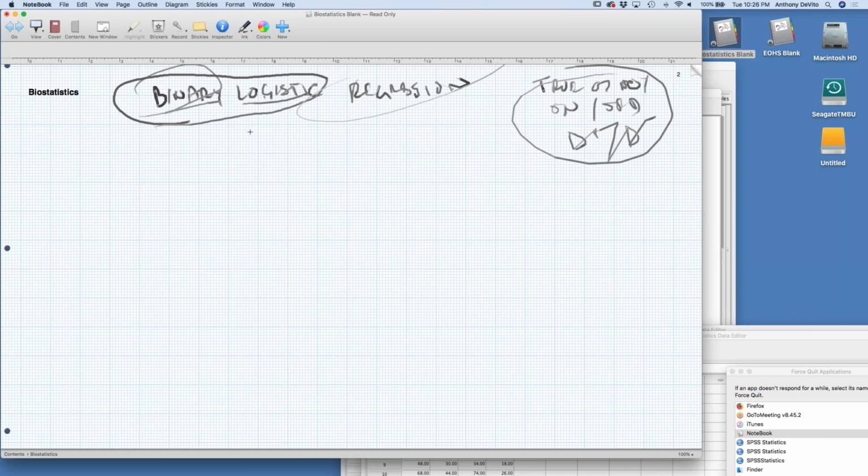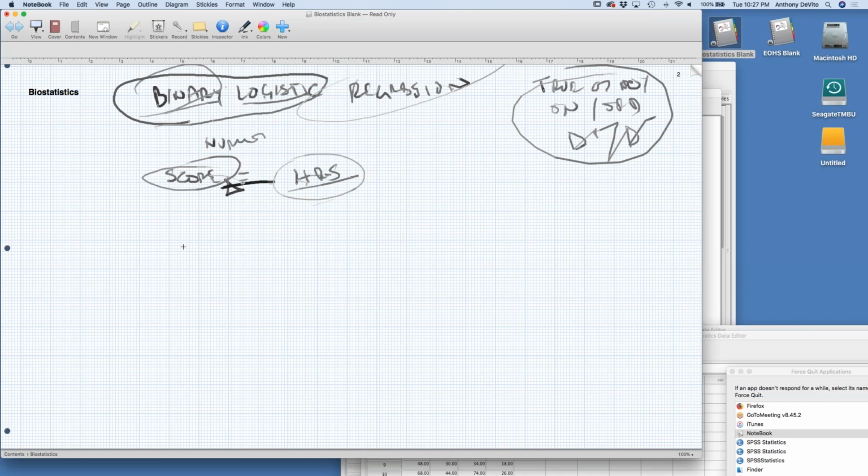Unlike linear regression, where we were comparing numerical variables and looking for a score that we wanted to predict using predictive variables like hours, I'll just stick with one predictive variable, one numerical variable to predict another numerical variable for each person. In this case, I'm looking for a binary outcome.